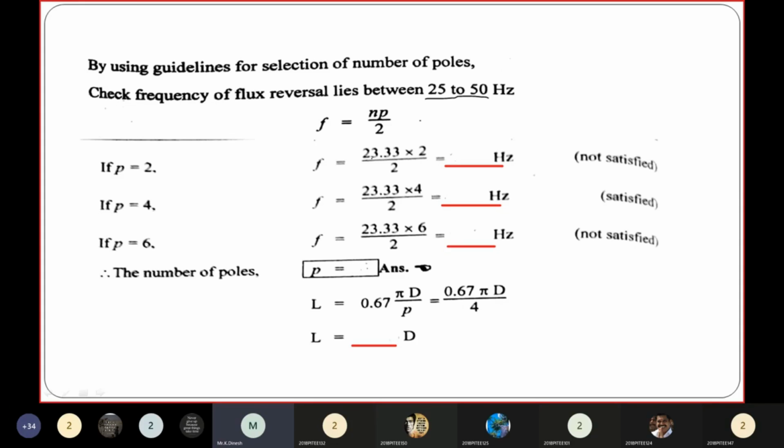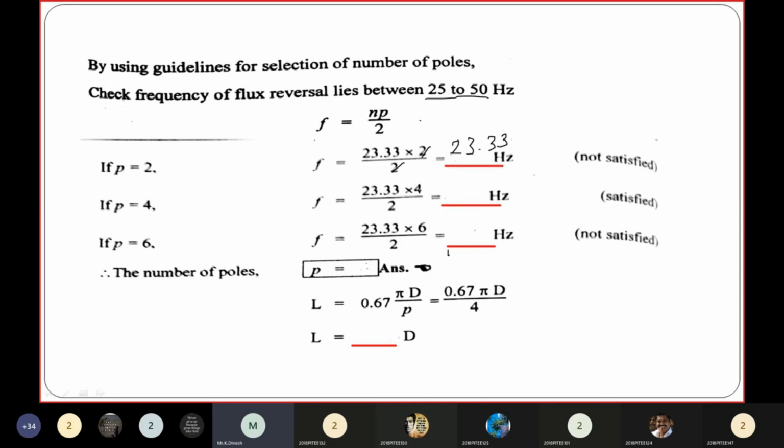So F equal to 23.33, that is small n. P is 2 divided by 2, 2 get cancelled. So 2 get cancelled means the value should be 23.33 hertz.